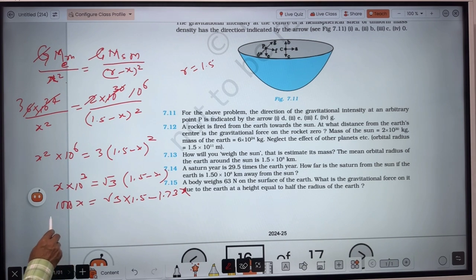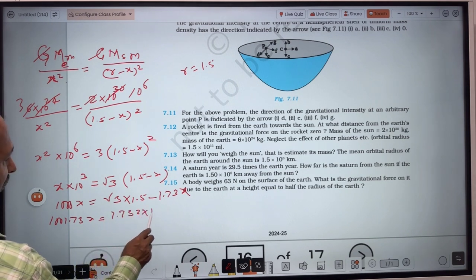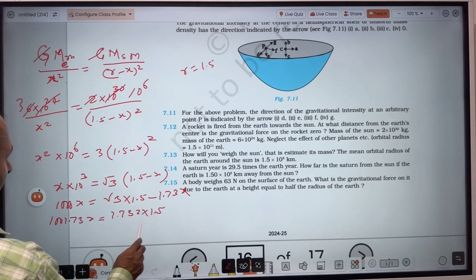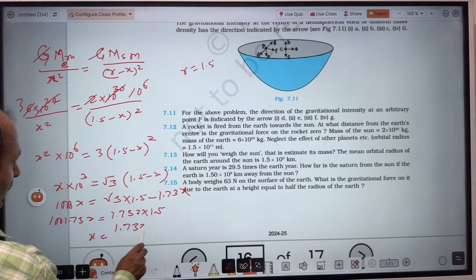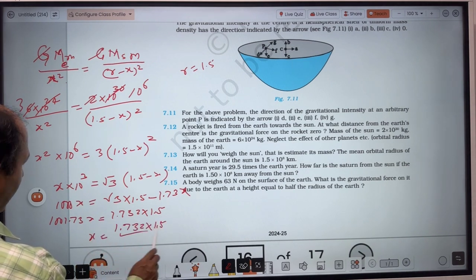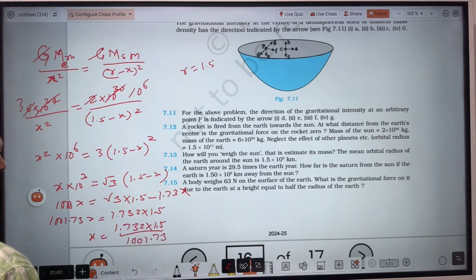So it will become 1000 plus 1.73 X equal to 1.732 into 1.5, and then X will be equal to 1.732 into 1.5 divided by 1001.73.